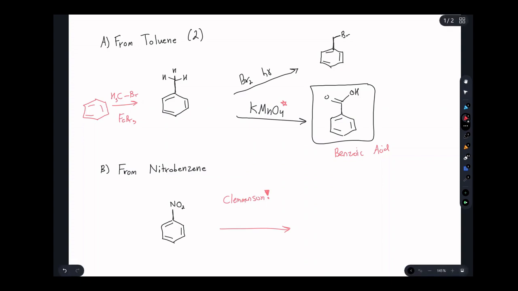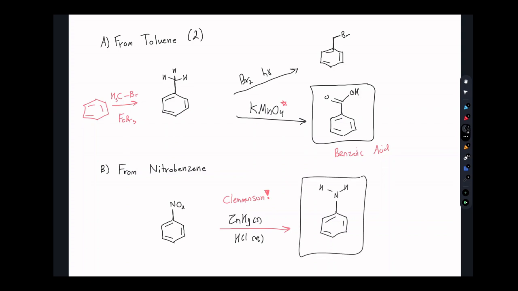Okay, the Clemmensen uses zinc-mercury amalgam in the presence of aqueous HCl. So hydrochloric acid, very acidic, very dangerous and strong conditions in the presence of this mixture of metals. And what that does is it actually replaces the oxygens in this molecule, connected to that nitrogen, with two hydrogens. This is now referred to as aniline.